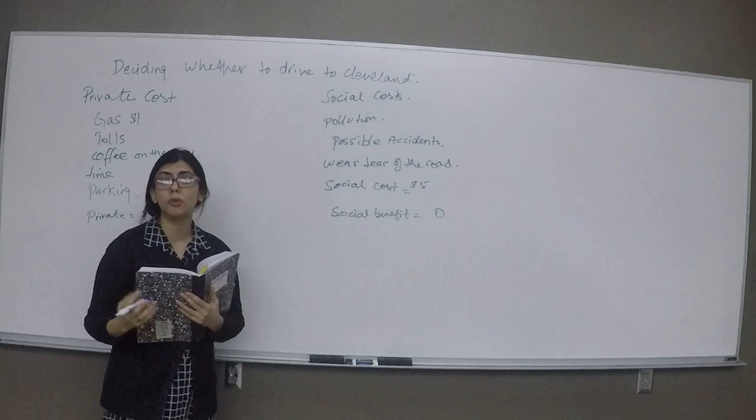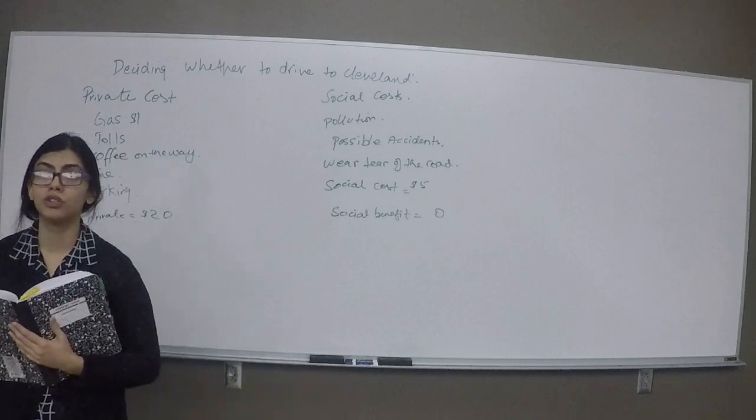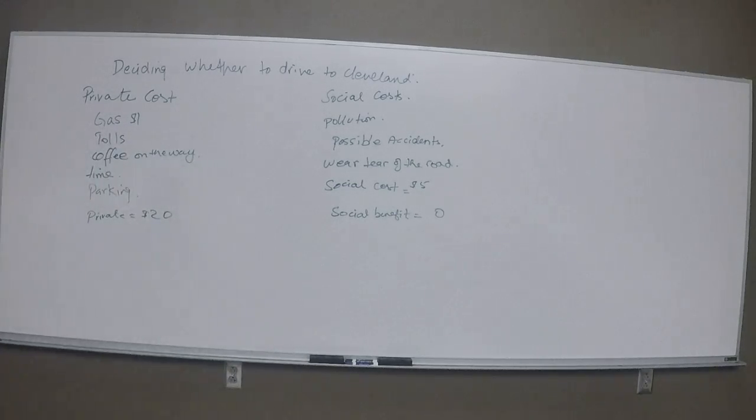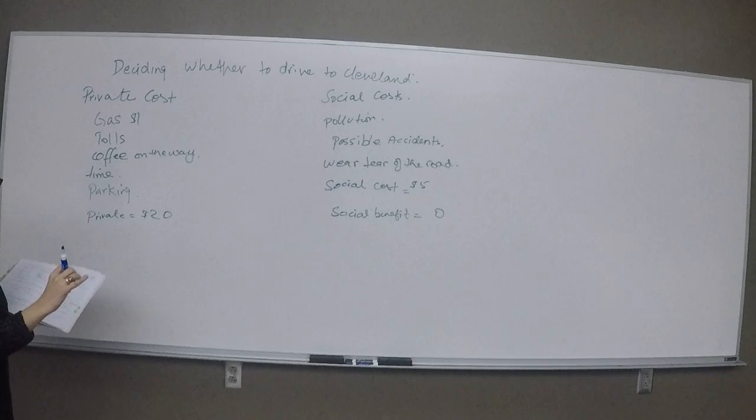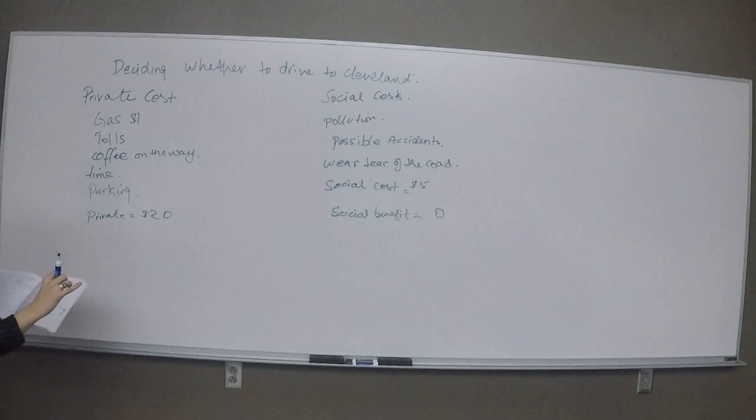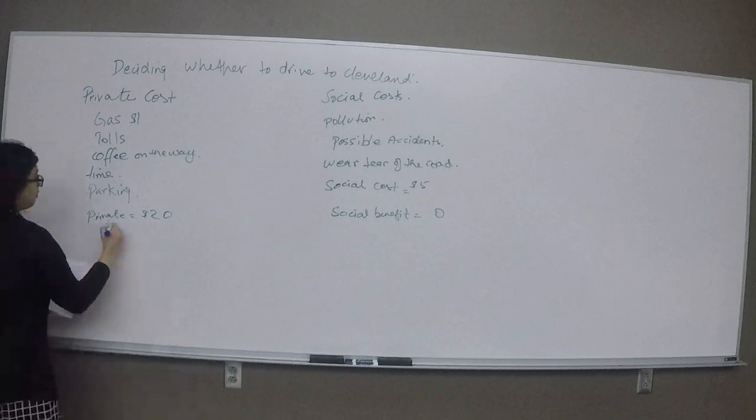Why 0? Because nobody is benefiting from you going to Cleveland. Only you benefit from it. Socially, anyone else is not really related to it. So 0, people are not receiving any benefit from it. So this was private cost.